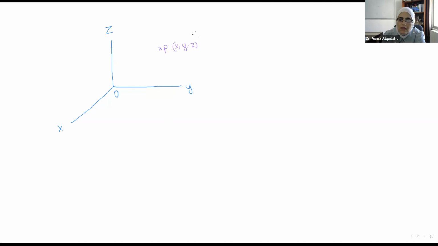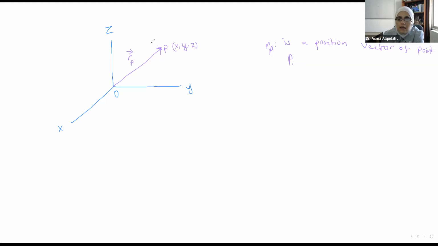But we can associate with this point a vector that goes from the origin all the way up to the point P. We will call it R sub P, and we will call it the position vector for the point P. Each point in the three-dimensional space has a position vector associated with it.